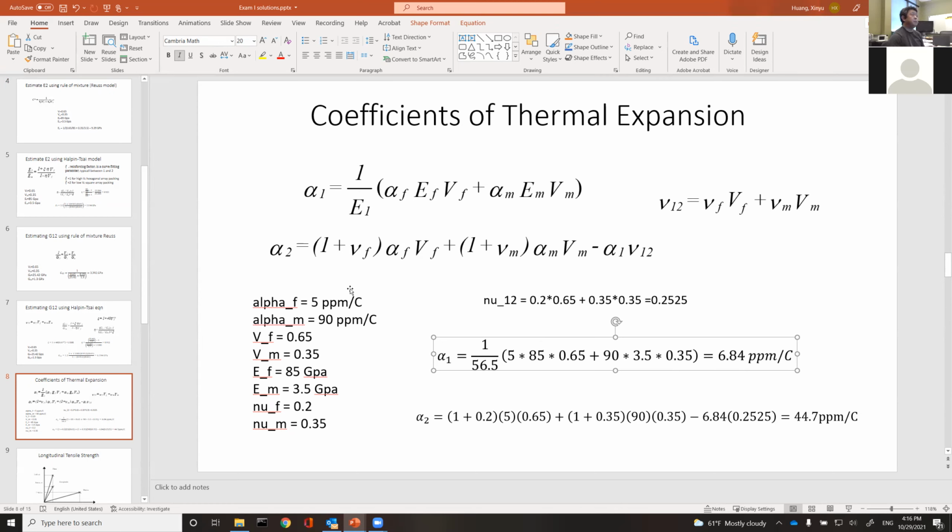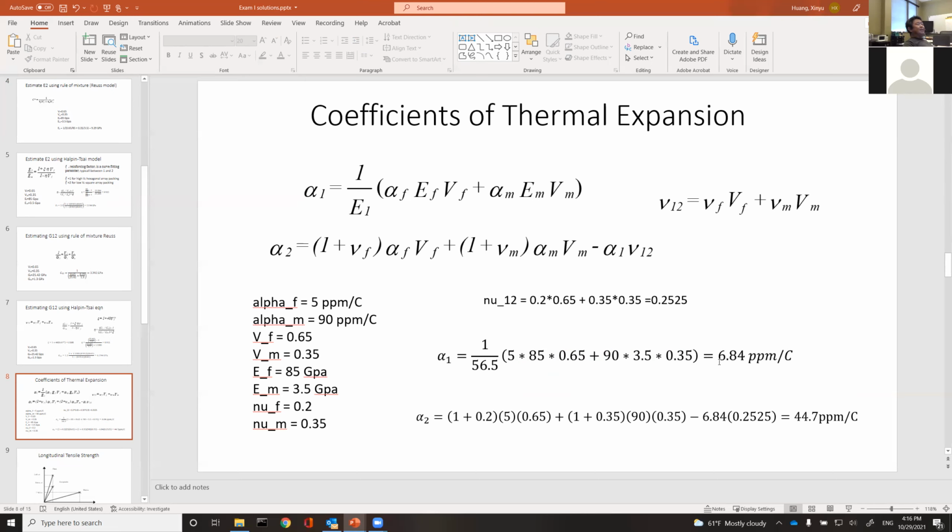That'll give you pretty big errors. As long as you use the same units, they'll automatically cancel out whatever factor you use. So here I use all gigapascals. My EF is 85 gigapascal, EM is 3.5 gigapascal, my E1 is 56.5 gigapascal. By just plug and chug, everything is factored in.